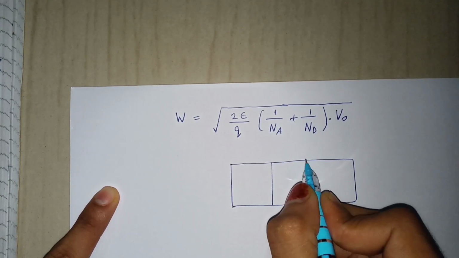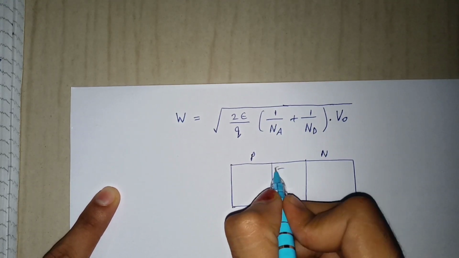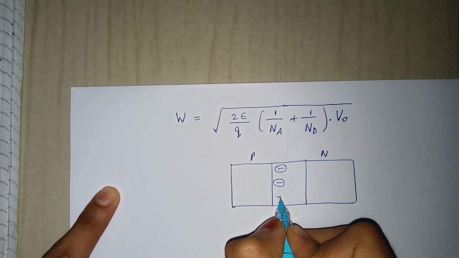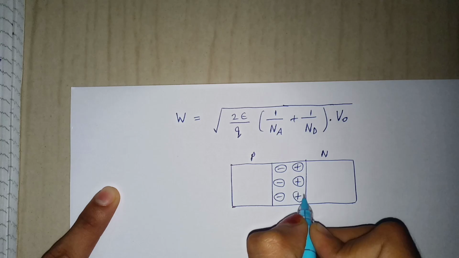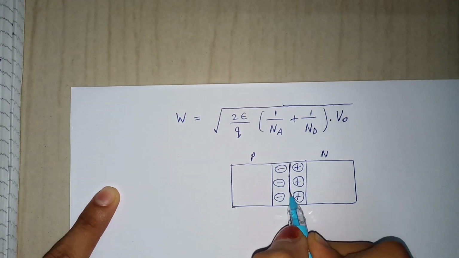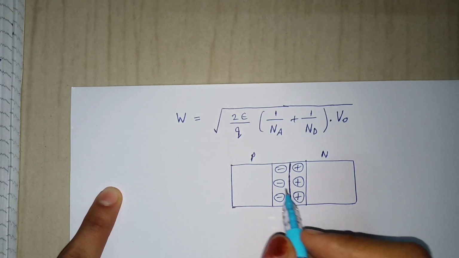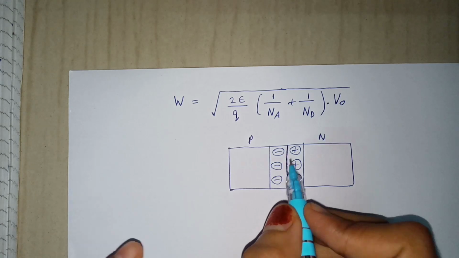Let's check: this is p-type, this is n-type, and this is the negative immobile ion of p-type material, and this is the positive immobile ion of n-type material. Now it is clear why it is called an immobile ion. Immobile refers to the minority carrier present.